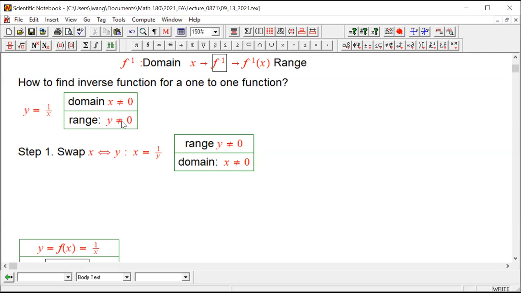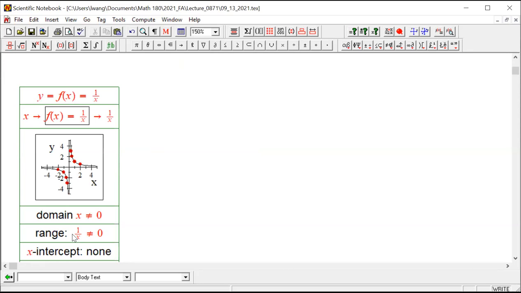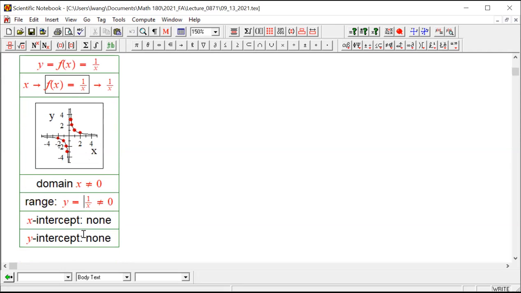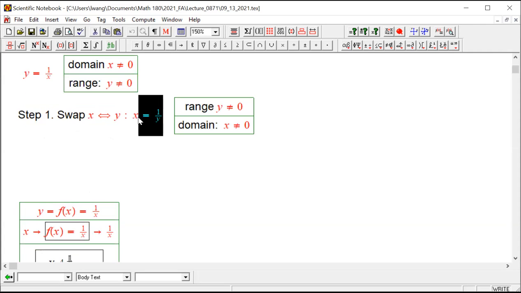I just don't want to confuse people at this moment. So this really also means y is not 0 either. We're going to solve for y here. So if you have any confusion, just wait a little bit.